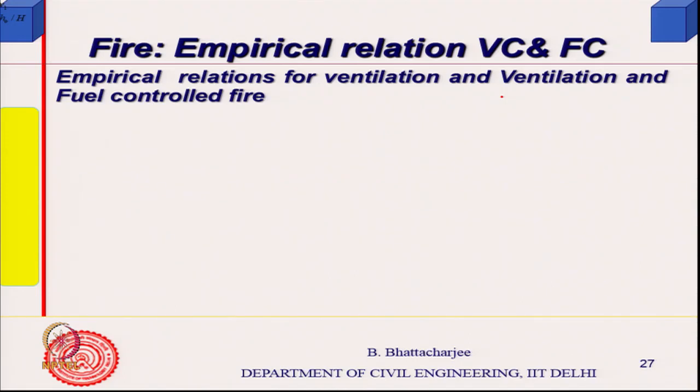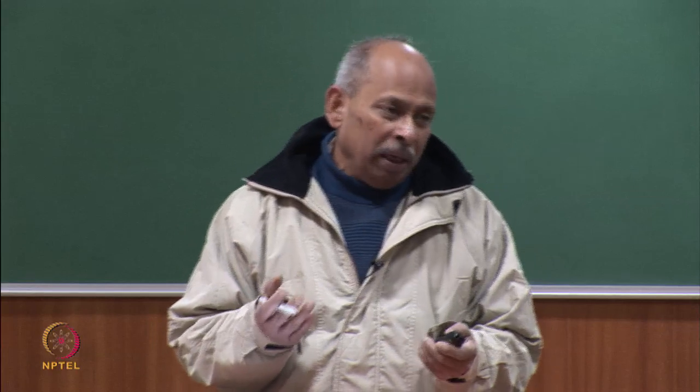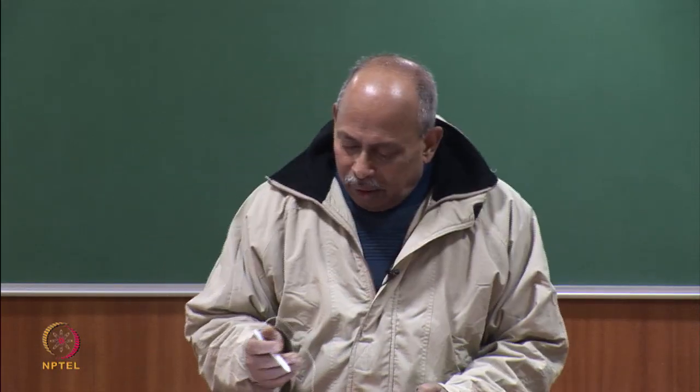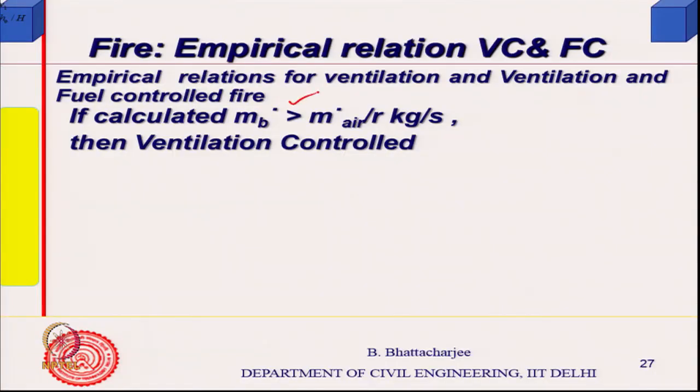What they have done is changed A_W and h to the power half in furnaces, and tried to find out what the burning rate was, because one can measure this burning rate, or heat generation, or whatever it is. So, if m_B, the burning rate of the fuel, is more than m_air, the rate of inflow of air divided by r, it is ventilation control.